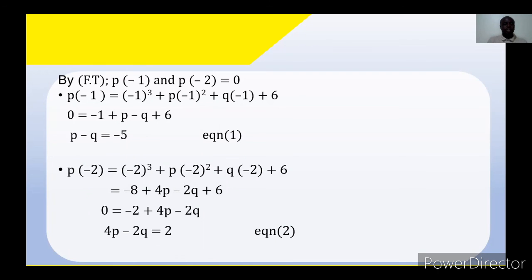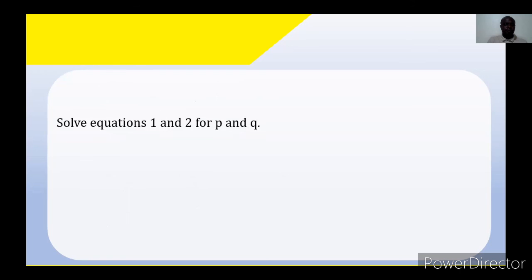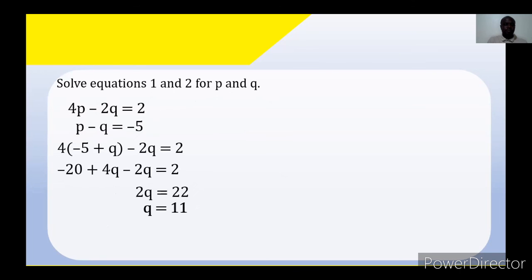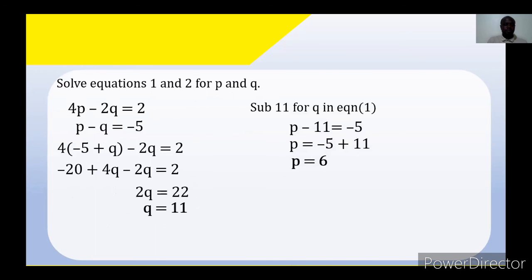So we have there p of negative 1 for equation 1, p of negative 2 for equation 2, and we got our equations. Now all we need to do is just to solve these simple equations. So indeed, p is equal to 6 and q is equal to 11.